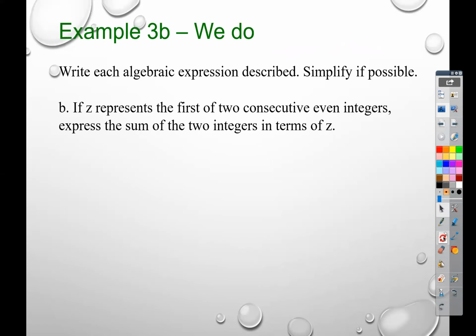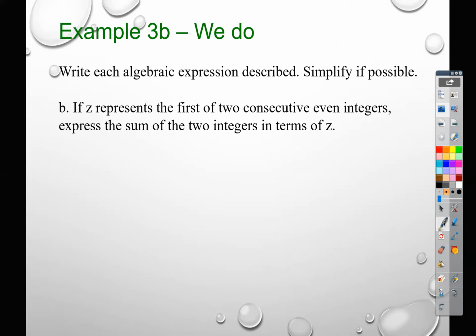All right, let's do this one together. Write each algebraic expression as described, simplify if possible. So if z represents the first of 2 consecutive even integers, express the sum of the 2 integers in terms of z. Okay, so 2 consecutive even integers. So just think any consecutive even integers, like 2 and 4.